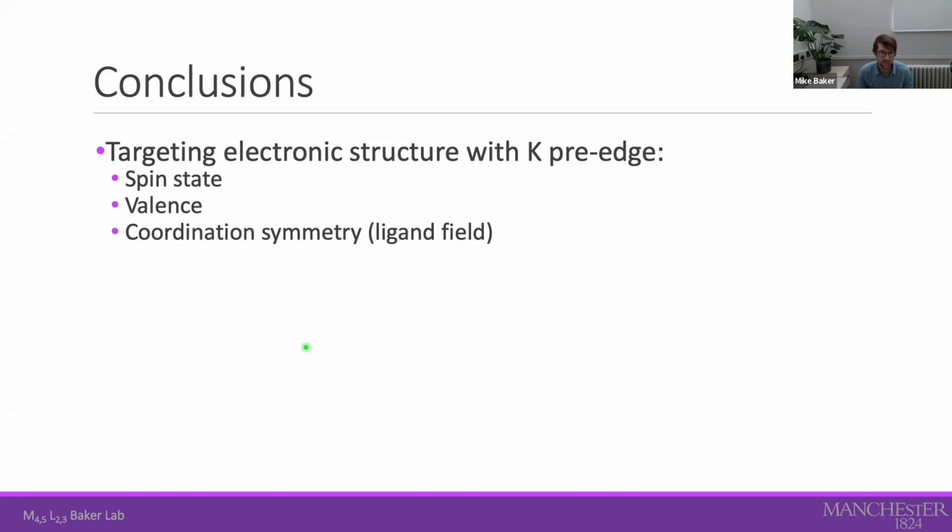The pre-edge is sensitive to other types of coordination environments, and I gave an indication of that by looking at the C4V example. There is also this sensitivity to the electron repulsion.